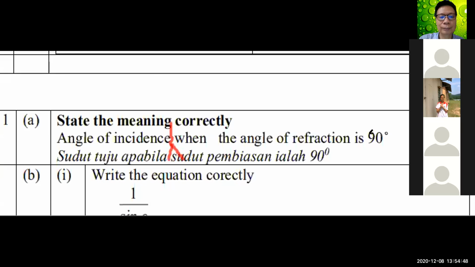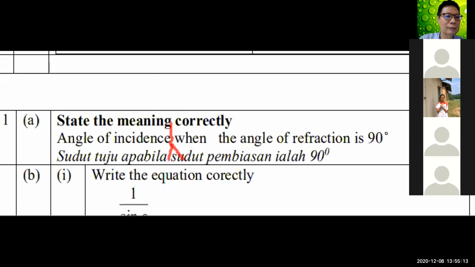Angle of incidence in the denser medium when the angle of refraction becomes 90 degrees. That is the critical angle. Understand or not? Jian-Sing, understand?